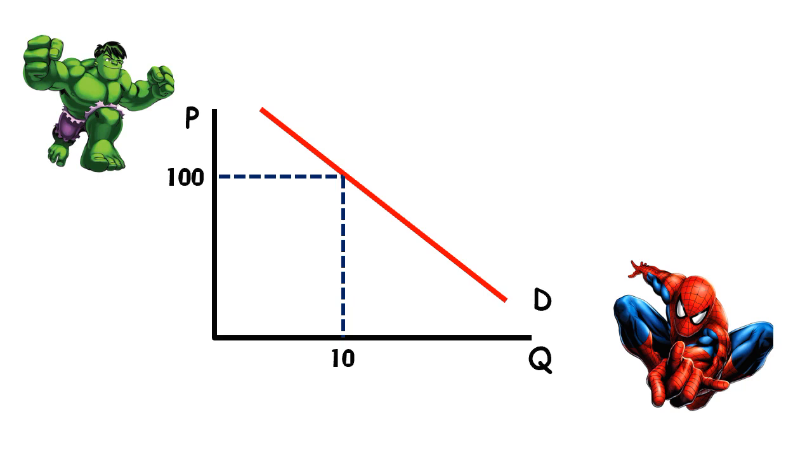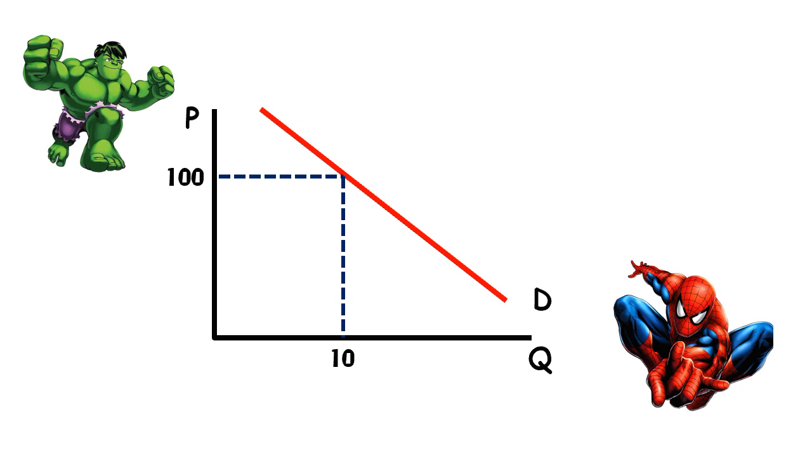The red line, the D, is the demand curve. It's downward sloping. Again, why is it downward sloping? It's downward sloping because of the law of demand. There's this inverse relationship. Consumers like low prices, and the lower the price gets, the more we want to buy. Okay?